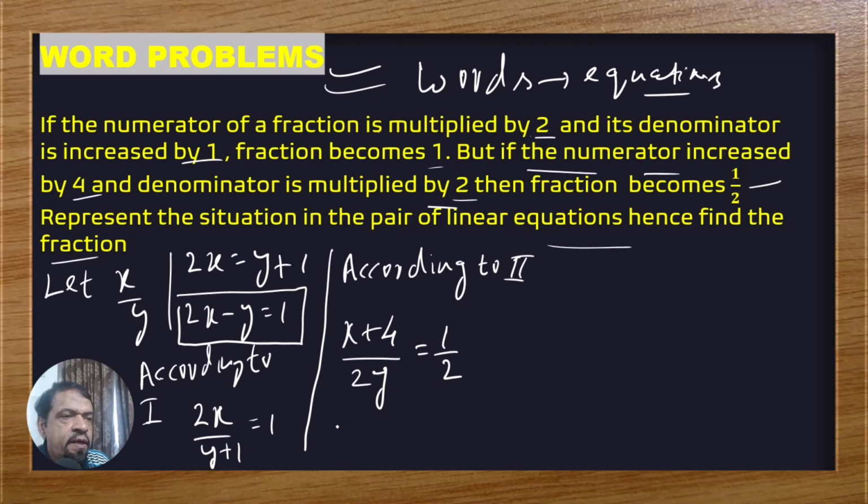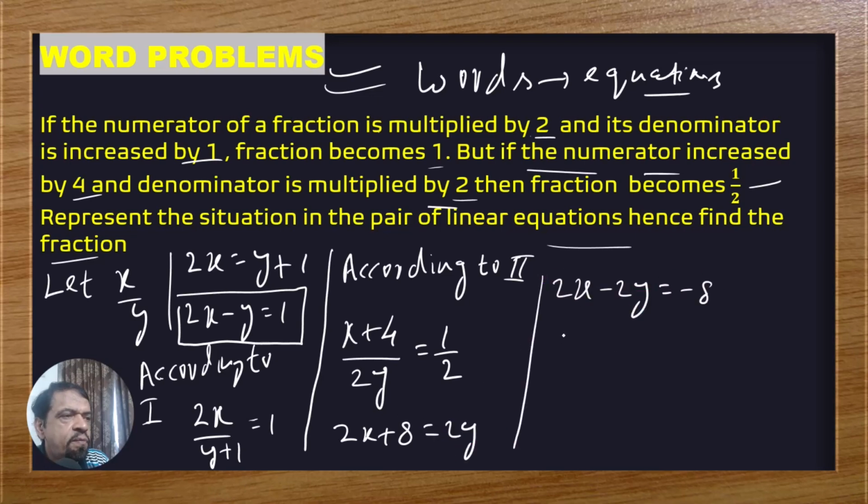Now cross multiply. 2x minus 2y is equal to minus 8. See, this is reducible. Reducible means the whole equation can be divided by 2. So we can write x minus y is equal to minus 4. It will reduce only if all terms are divisible by a common number. So it is divisible by 2: 2, 2, 2, 4.